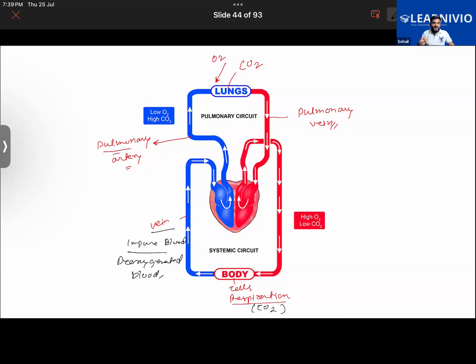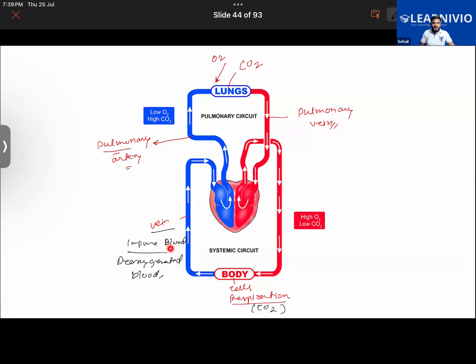Is there any doubt regarding this? We have learned about this now. The impure blood flows in the veins. This is a basic thing. If you are not getting this, then you wouldn't be able to understand how blood circulates in your body. So keep this in mind.